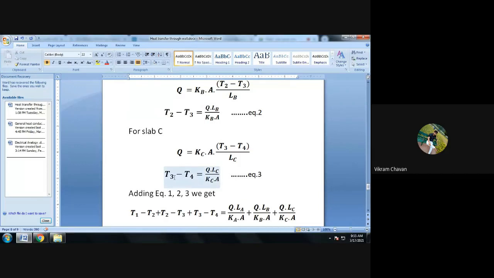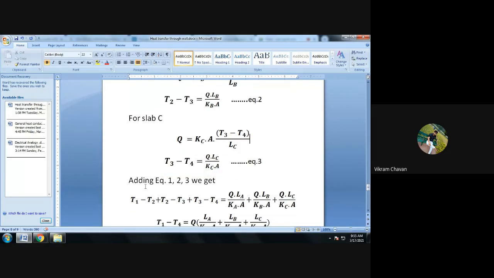Now we have to add all three equations. So equations number 1, 2, 3, we have to add in such a manner that the left side addition should be done on the left side only, and the right side addition should be done on the right side only.